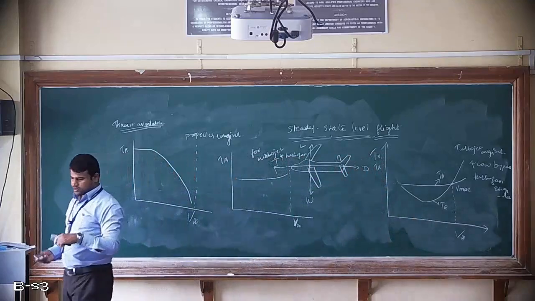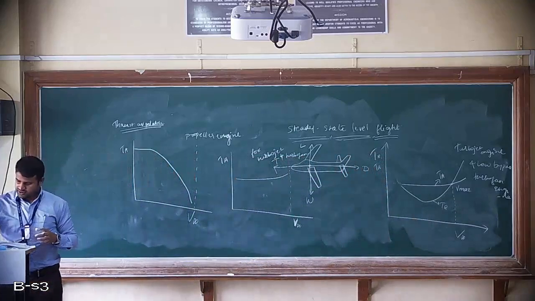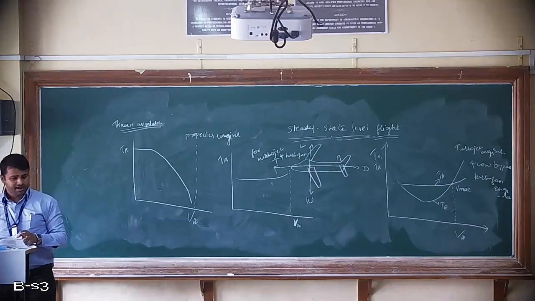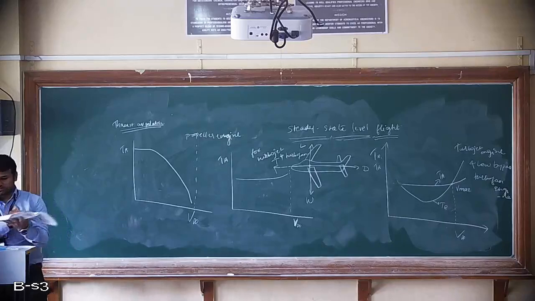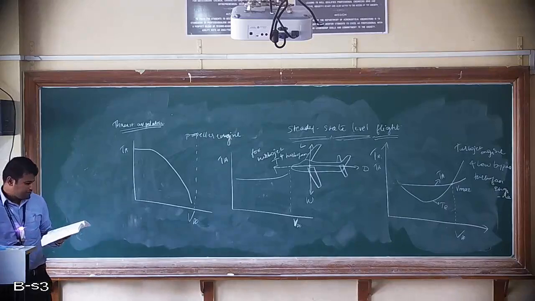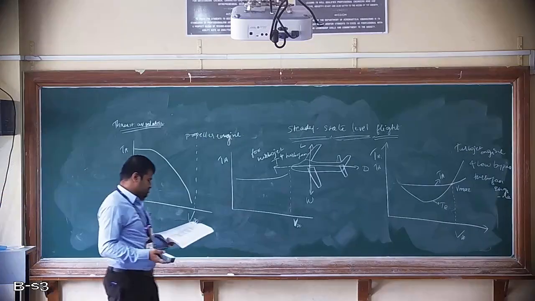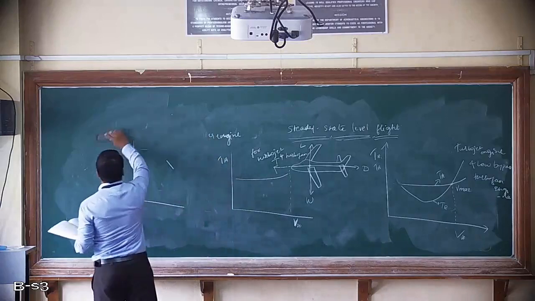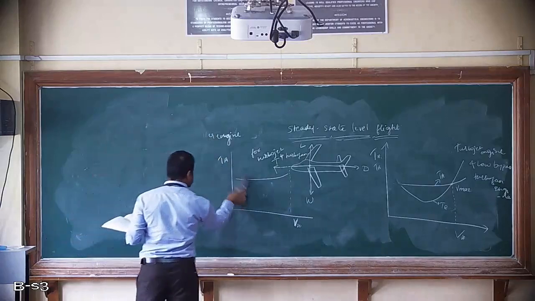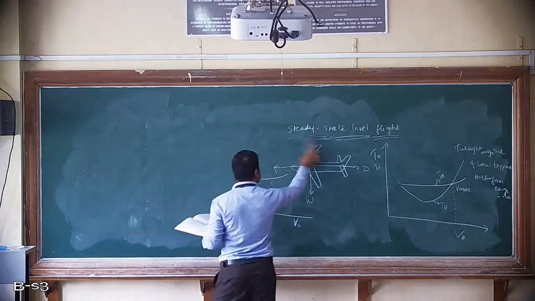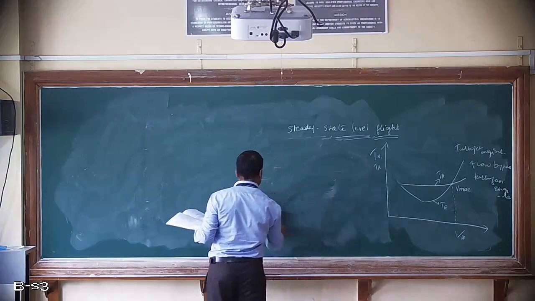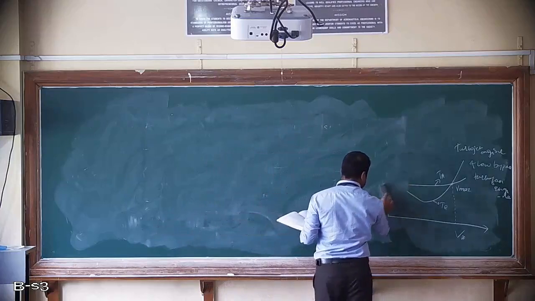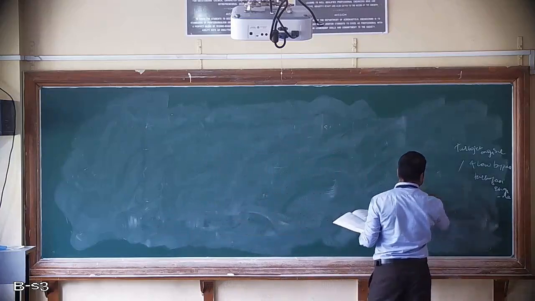And one equation is there to find out Vmax. That equation looks like this, which will be in terms of thrust available. So to find out Vmax, we have one equation.